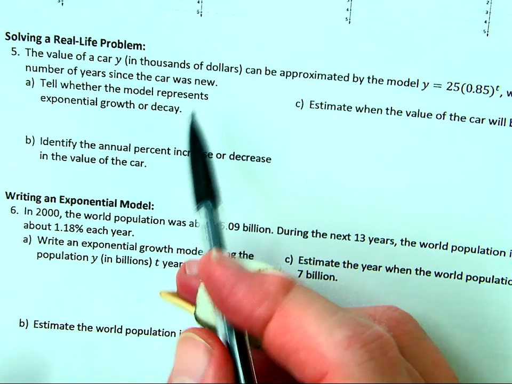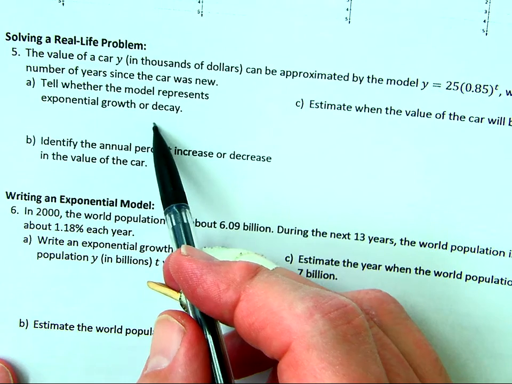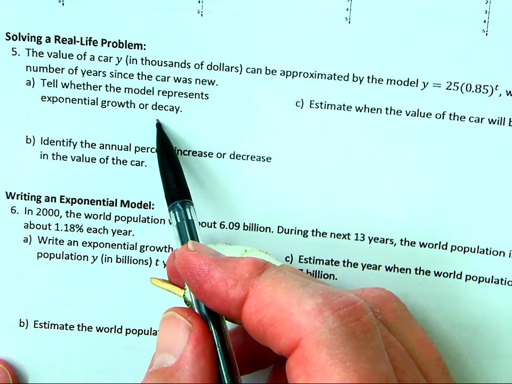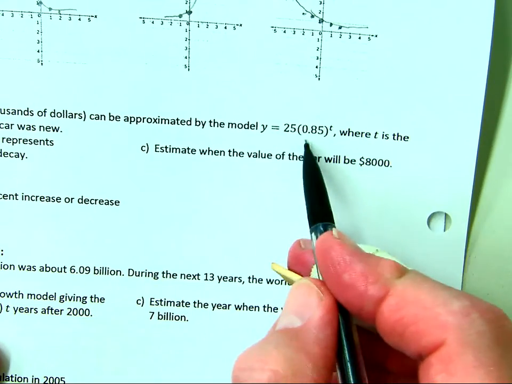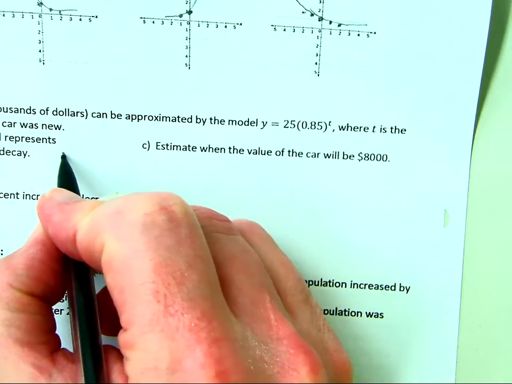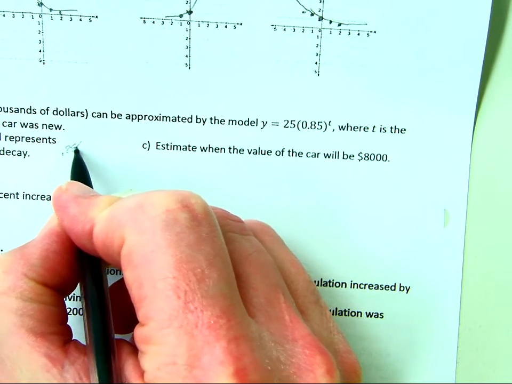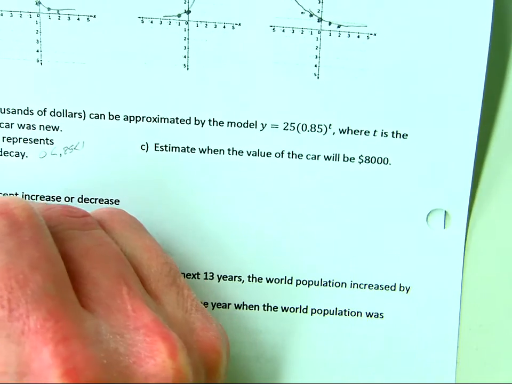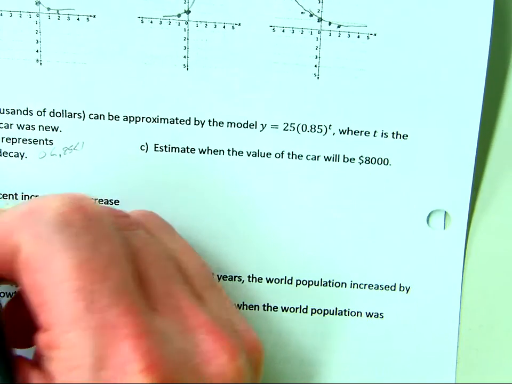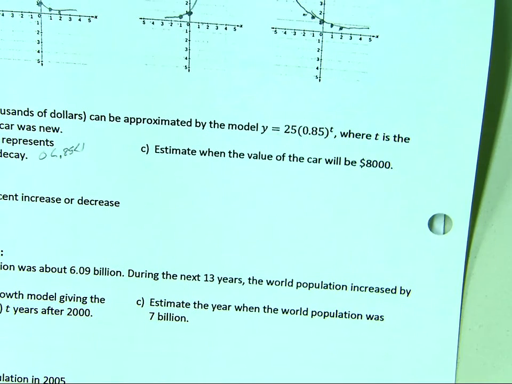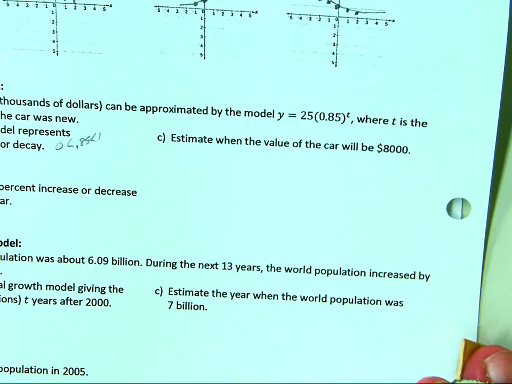So here, the first question says, tell whether that represents exponential growth or exponential decay. Well, here our base is 0.85. So 0.85 is between 1 and 0. So this is decay, which makes sense because wouldn't you expect the value of the car to go down as it gets older until it gets to like antique status?